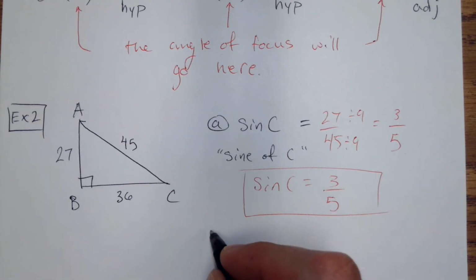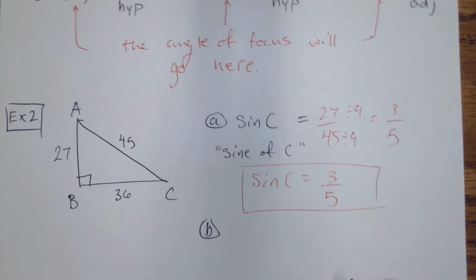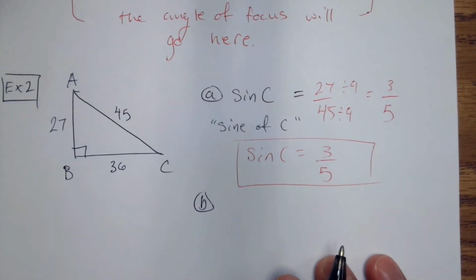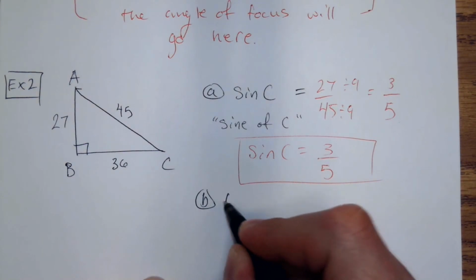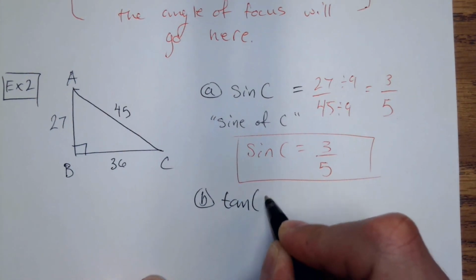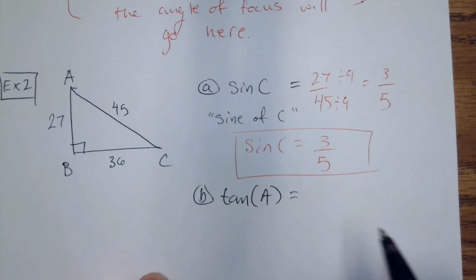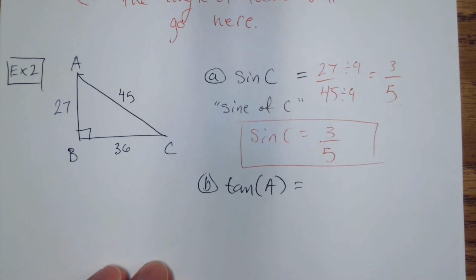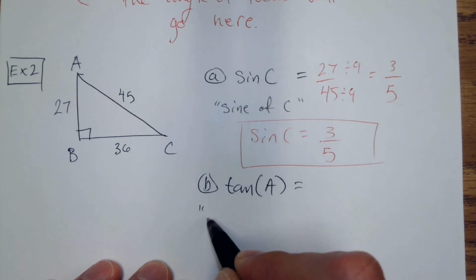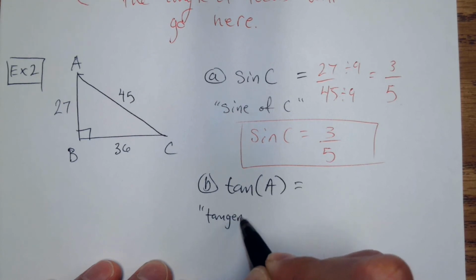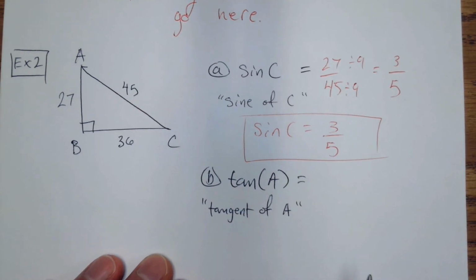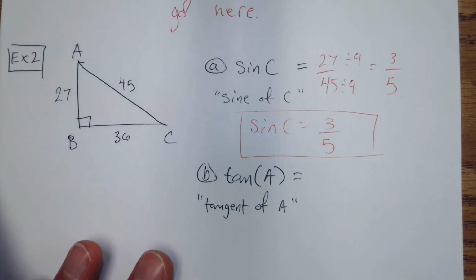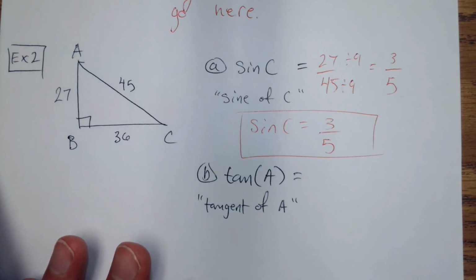Let's look at one more, and then I'll show you how to remember this. So part B, I'm going to say find the tangent of A. Sometimes you have parentheses, sometimes you don't, but I'm going to put the parentheses this time. So that means tangent of A. That's how you say this in English.